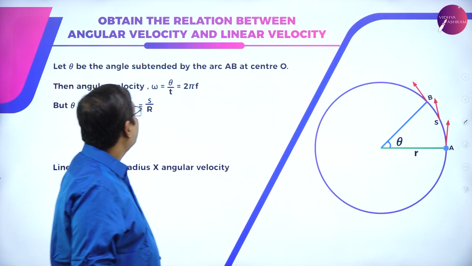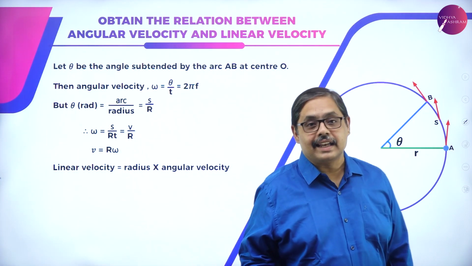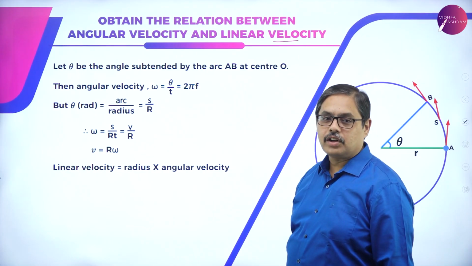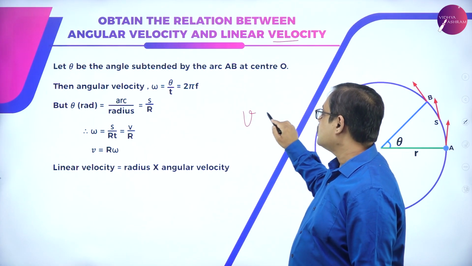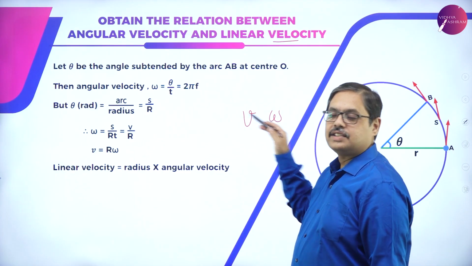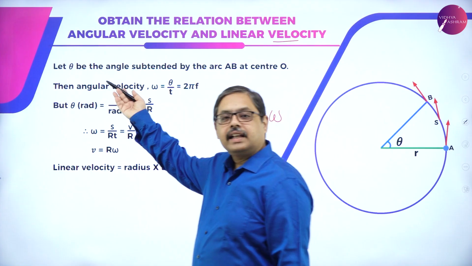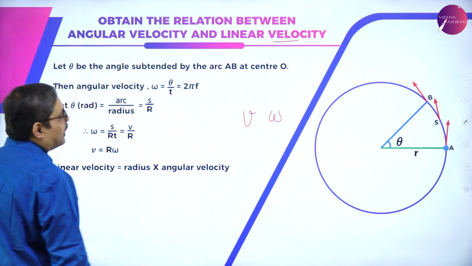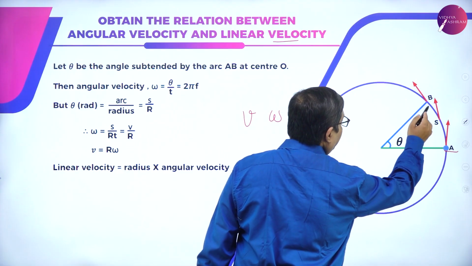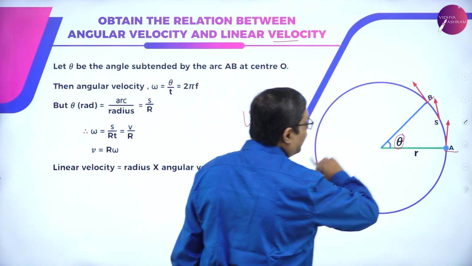Let us check further how to obtain the relation between angular velocity and linear velocity. So I have to derive an equation for v and omega so that I can relate these two terms. Let theta be the angle subtended by the arc AB. So between these 2 points A and B, let theta be the angle.